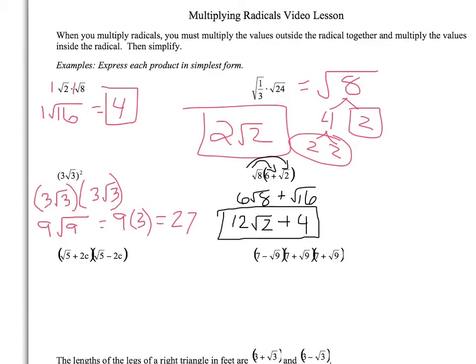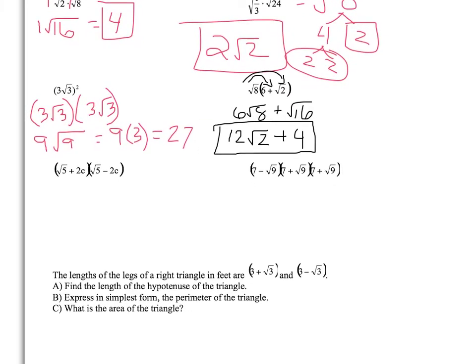They cannot combine. This next problem we have to remember to FOIL. With FOIL you first do the front. Radical 5 times radical 5 is radical 25, plus outer. Negative 2c times radical 5 is going to actually be minus 2c radical 5. And then the inner is plus 2c radical 5.